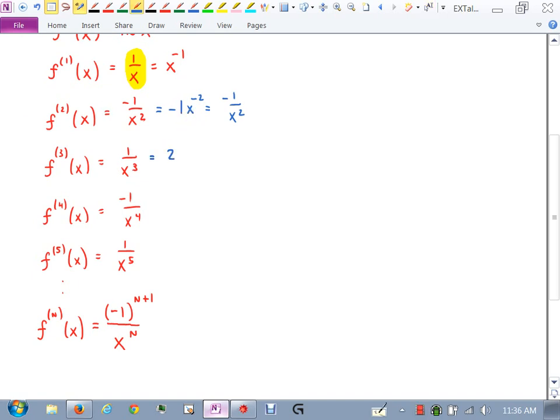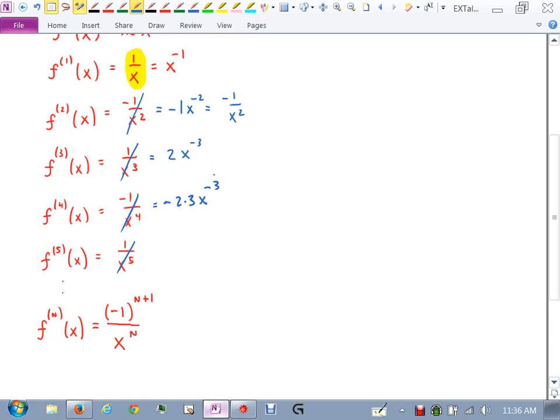No one seemed to mention that those powers are going to factor in, aren't they? What would the next one be? Negative 6. Now, how am I getting the negative 6? 2 times 3. So what I'm getting at is you need to cross these out. Can I write this another way, please? Negative 2 times 3, x to the negative 3.